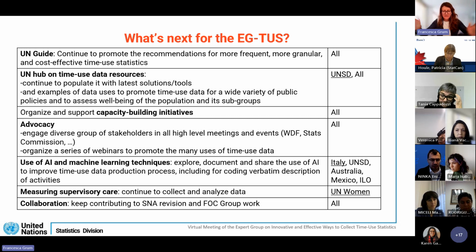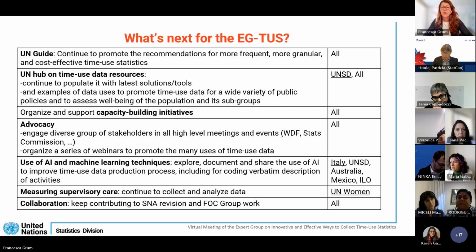But as we look at the full data value chain, it's important to also spend some time on the last steps in the chain, when we communicate with our users and when we get feedback from our users. How do they really use the data that we produce? I think it would be nice to have more examples in the hub on how these data are used, hopefully mainly or also for public policies, that we can share with our community.